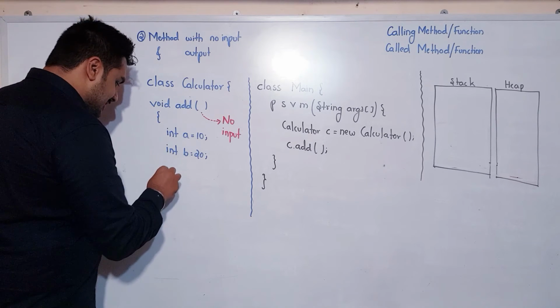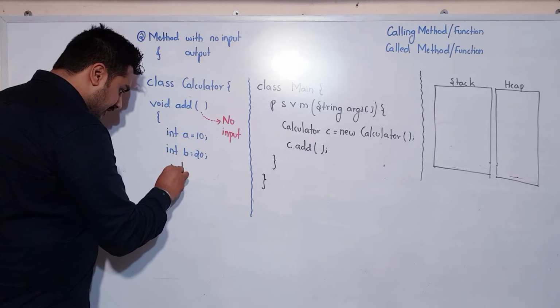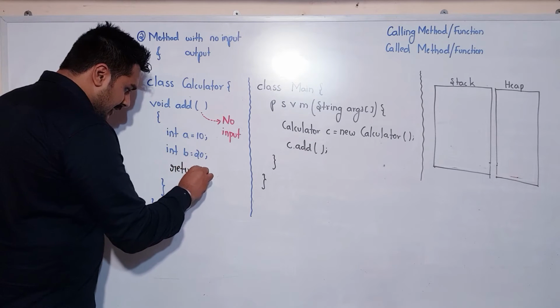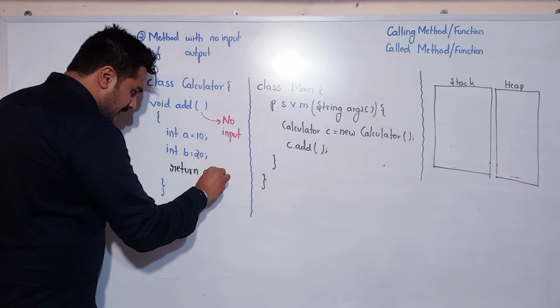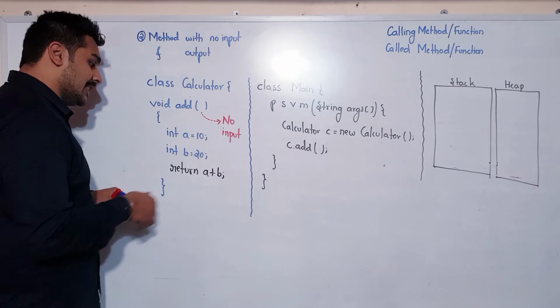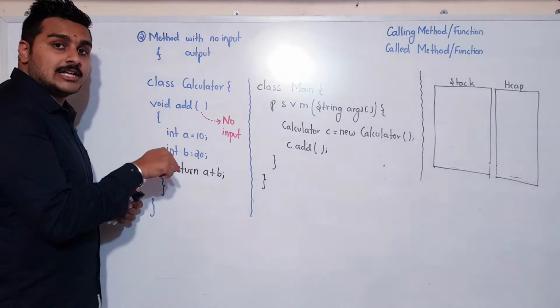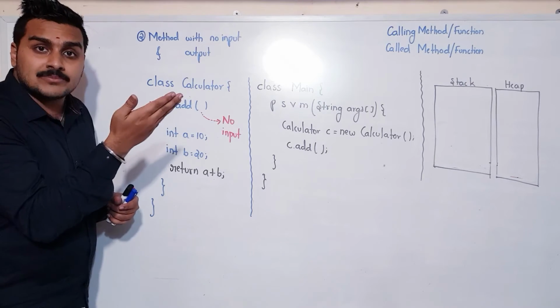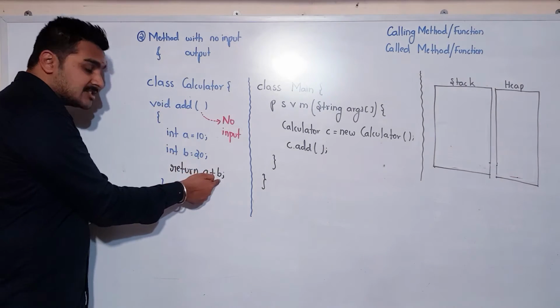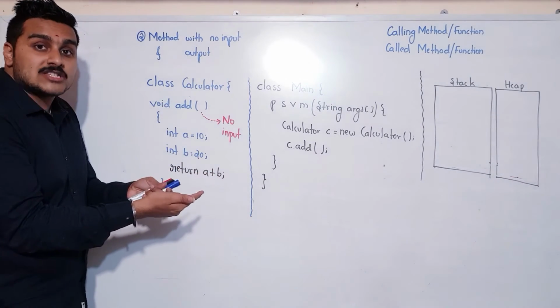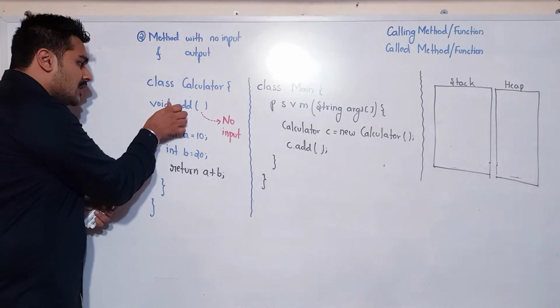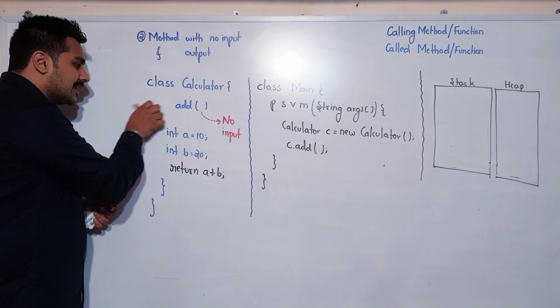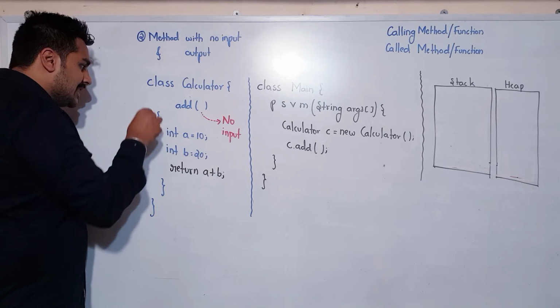It will tell it as return A plus B. When I tell return A plus B, return means give back something. What is that you're giving back? A plus B. The resultant is what? Integer. So it should not be void here, rather it should be int.